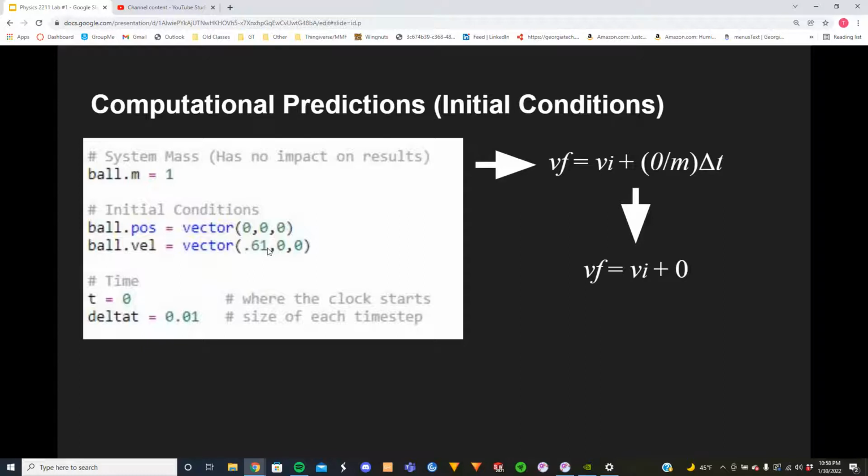Because the experiment had such a linear slope, it should be safe to use the overall average velocity as opposed to using more initial velocities. Now in this, the ball mass is set to 1, but it ultimately does not matter, as when you have a zero net force, placing 0 over any mass ends up simplifying down to 0 anyways.